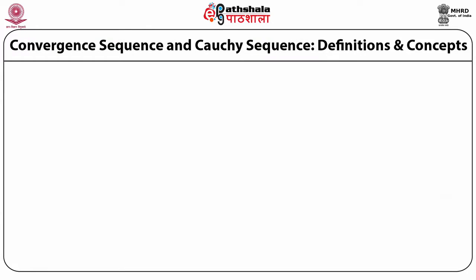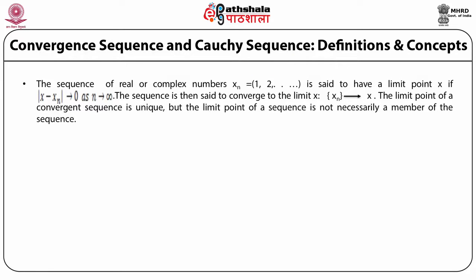Convergence sequence and Cauchy sequence. Definitions and concepts. Now we will investigate the rules for convergence of a sequence and that such sequences are defined as Cauchy sequence. So the sequence of real or complex numbers xn, n equal to 1, 2, and so on, is said to have a limit point x if the modulus of x minus xn tends to 0 as n tends to infinity.